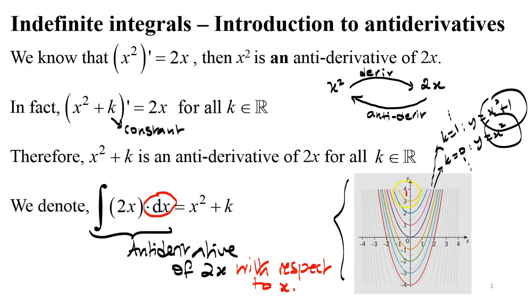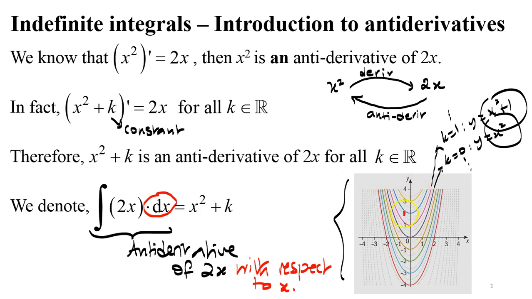And each curve in this family of curves corresponds to a value of the constant of integration, which here we represent by a plus k because we don't know what it is. However, if we are given a particular point of the function, for example, in the example we were just looking at, it says find the antiderivative that passes through the point 0, 1.